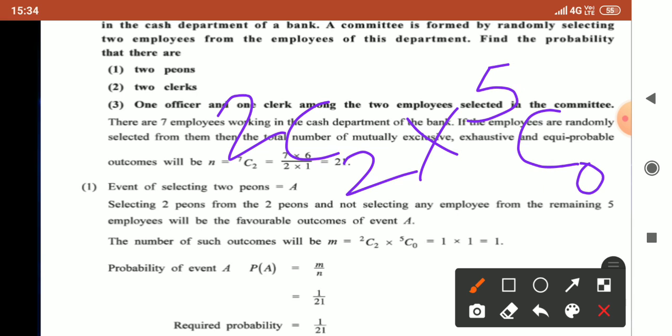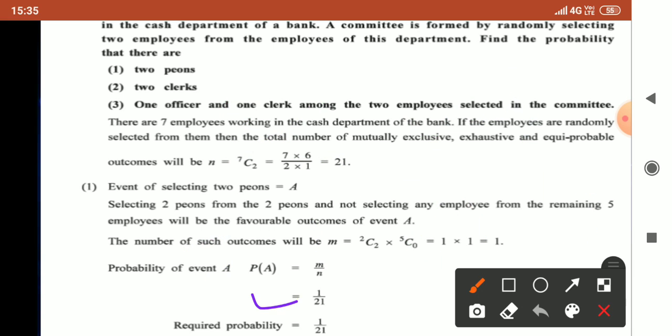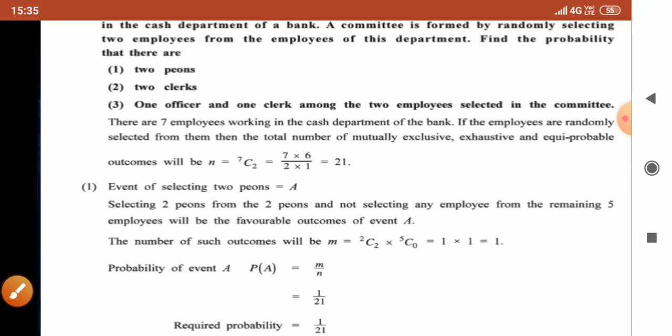So my arrangement will be 2C2 times 5C0. 2C2 is 1 and 5C0 is also 1, which is equal to 1. So my answer is m upon n, that is 1 upon 21.